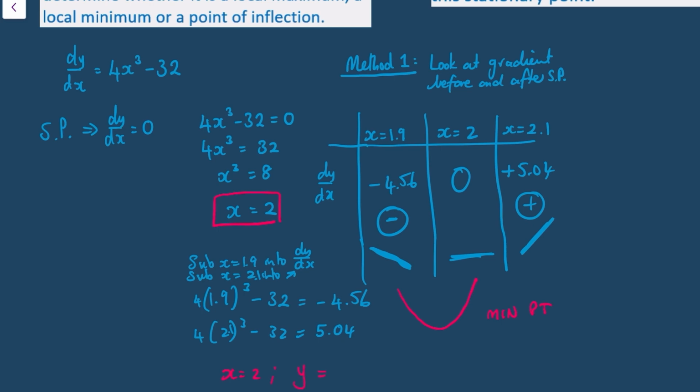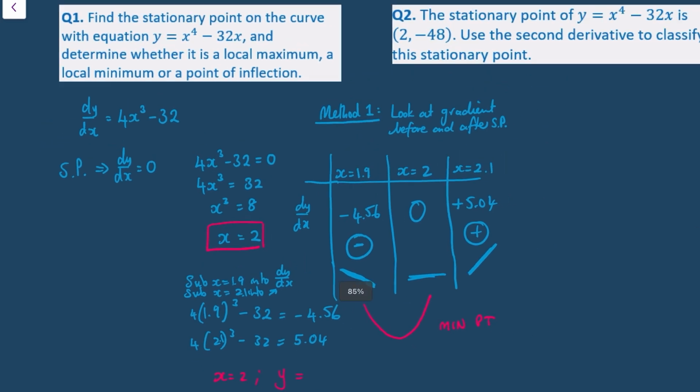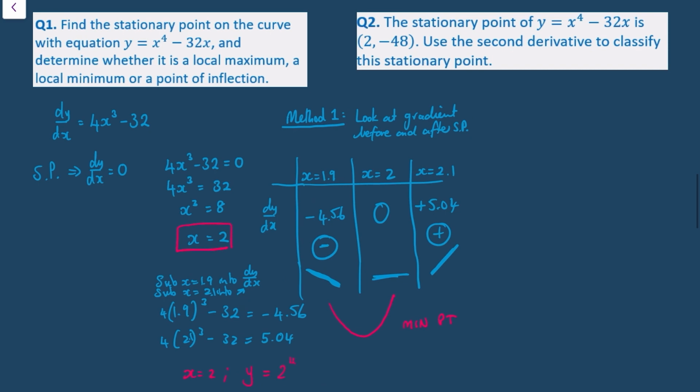So y is equal to 2 to the power of 4 minus 32 times 2, and that gives me negative 48. So the turning point will be at (2, -48). And we have already determined that that is a minimum point.